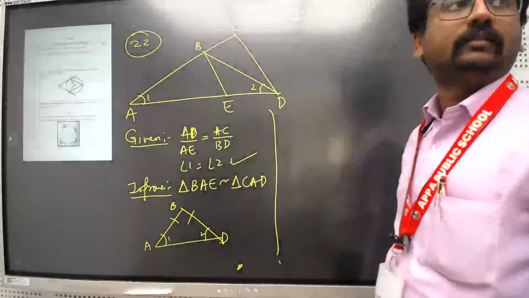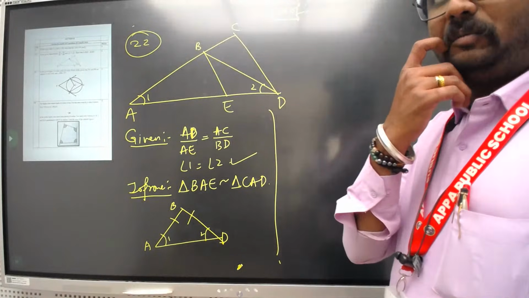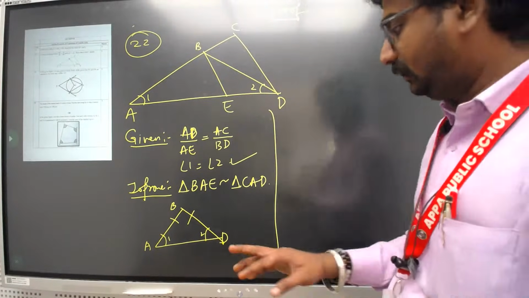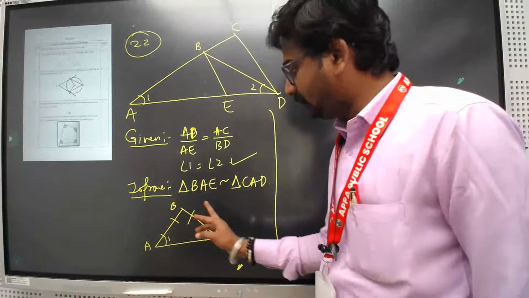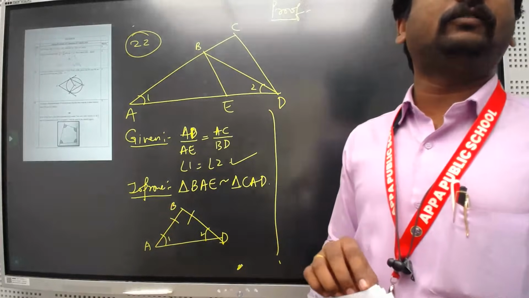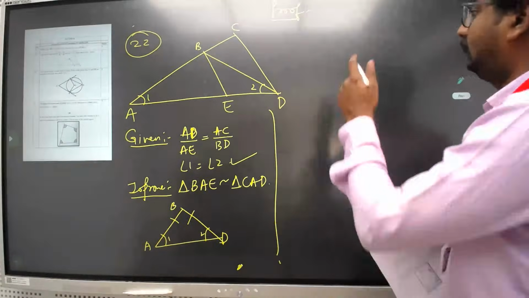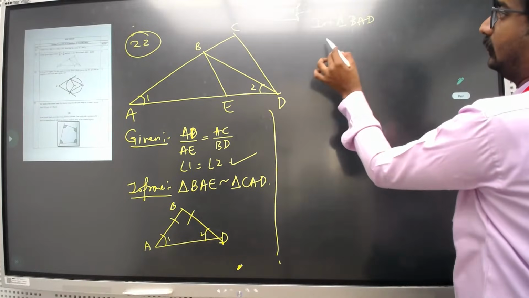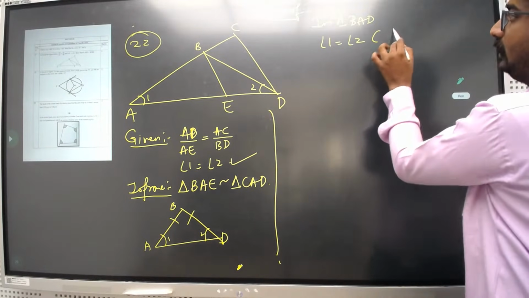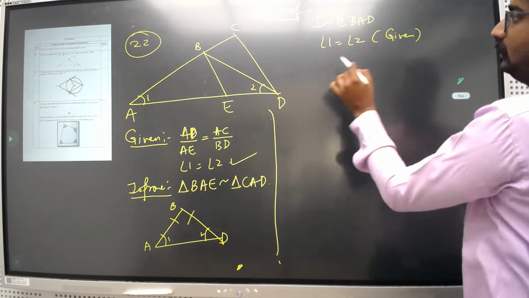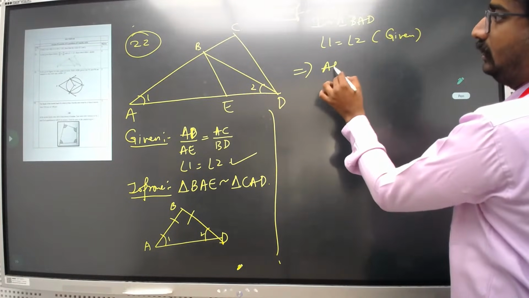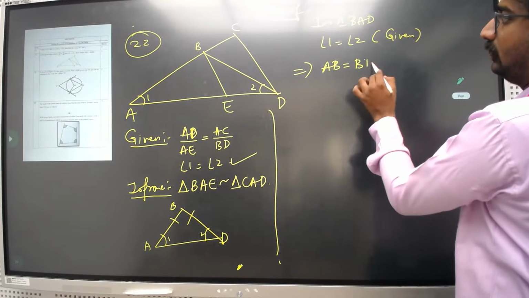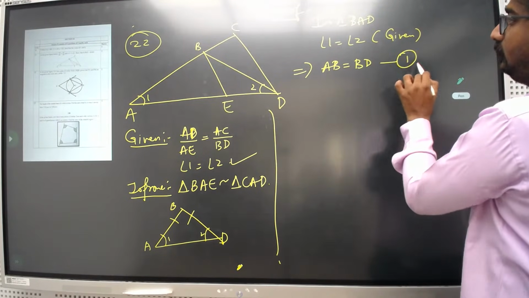Why? Sides opposite to equal angles of a triangle are equal. In triangle BAD, angle 1 is equal to angle 2, given. This implies AB is equal to BD, equation 1.